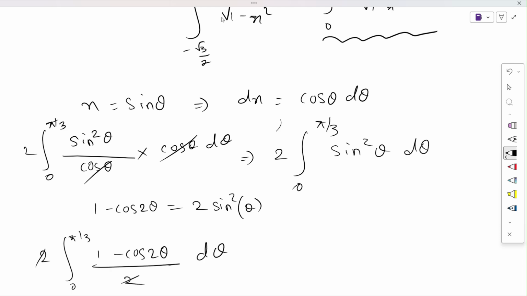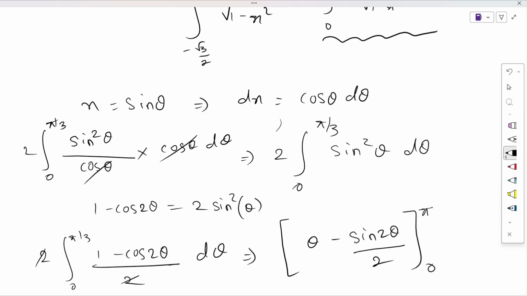This 2 will get cancelled. The integration of 1 will become theta, and the integration of cos 2 theta will be sin 2 theta divided by 2. This is not the chain rule, this is a rule of integration.